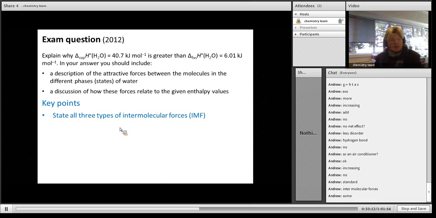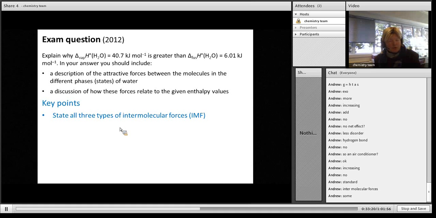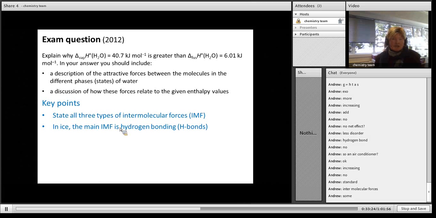So remember, same thing as what we did before, talk about all 3 different types of intermolecular forces: the temporary dipole, the permanent dipole forces of attraction, and the hydrogen bonding. And then, of course, remember, in ice, those molecules are really fixed in position by the hydrogen bonds. That's why ice is actually expanded. And of course, when you melt, you're breaking some of the H bonds.